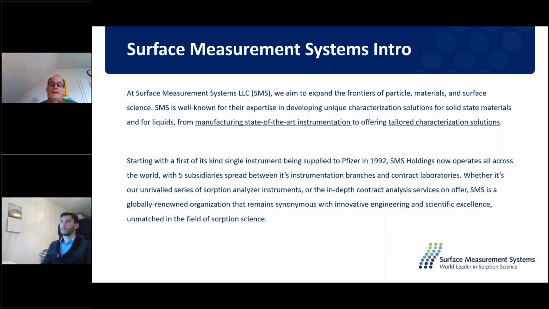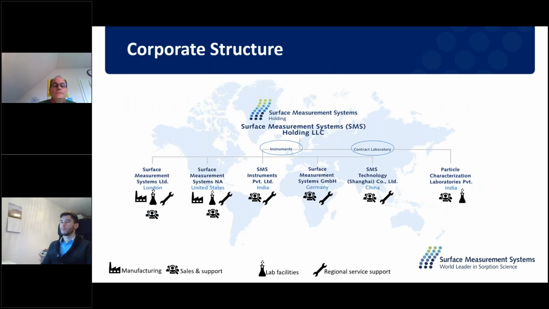That is where we are excellent: producing innovative systems for our customers, for research and development departments, as well as quality control.